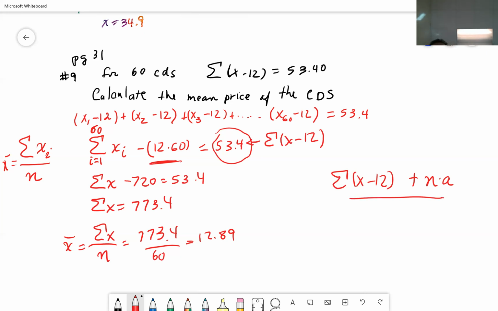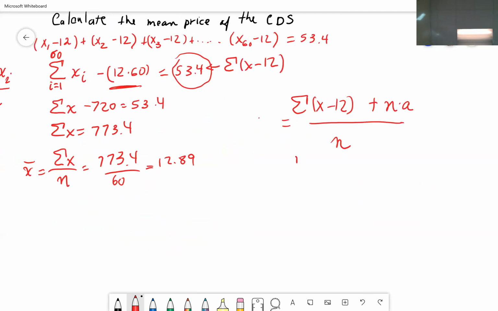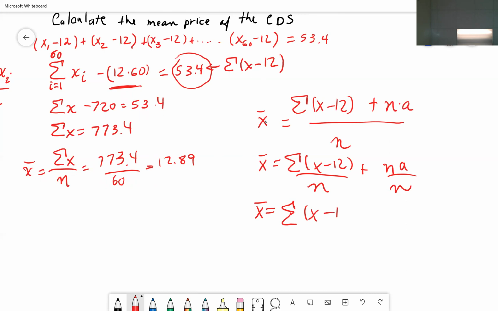Divided by n. So this means that the mean is the sum of x minus 12 divided by n plus na divided by n. So it means that the sum of x minus 12 divided by n plus a.